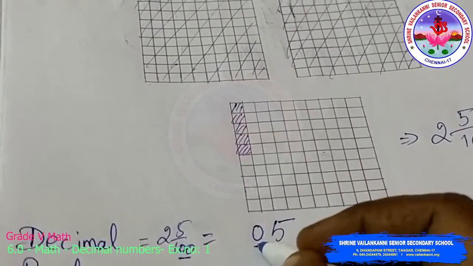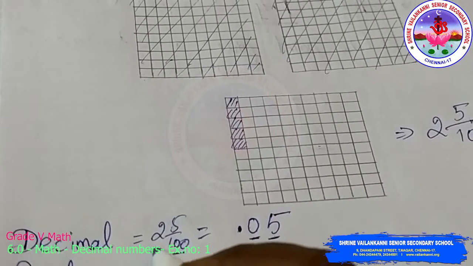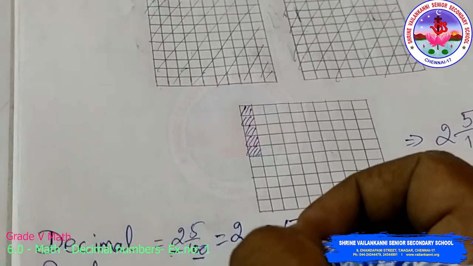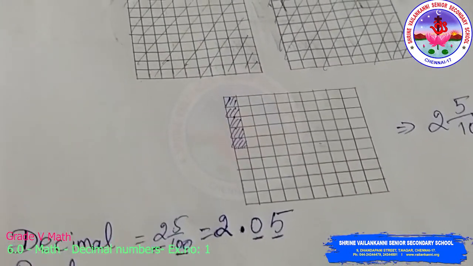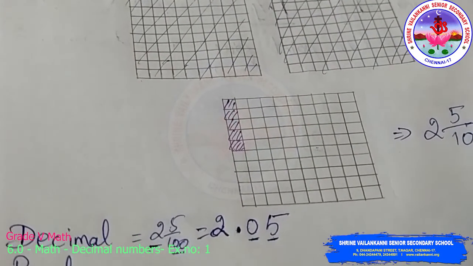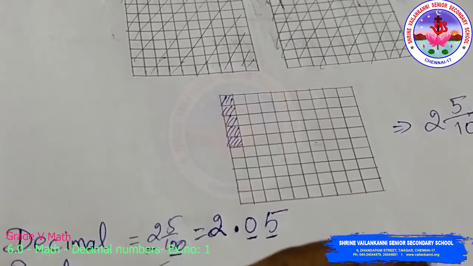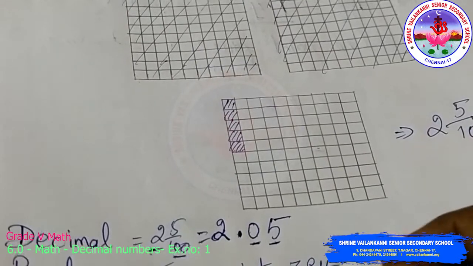After these 2 places, give the decimal. Now check for the whole number. Do you have a whole number? Yes, 2 is your whole number. So write 2 before the decimal. So now this is 2.05, which is written as 2 5 by 100. This can be read as 2.05.